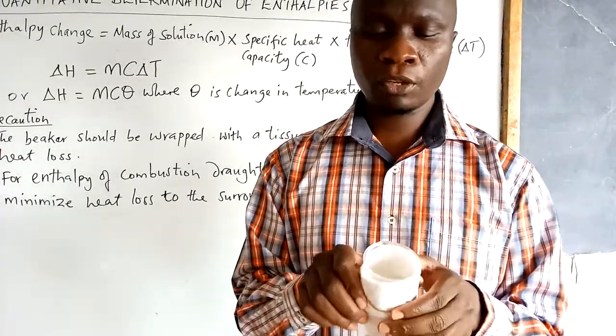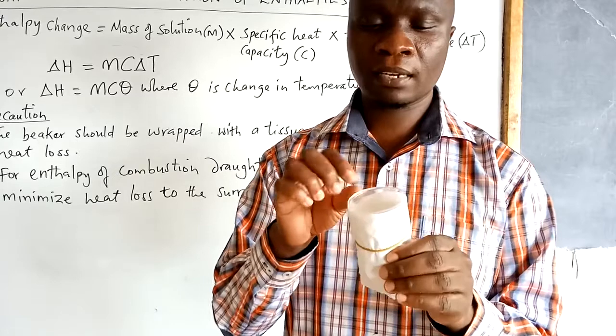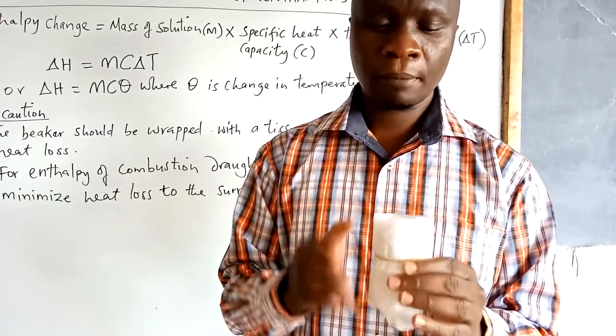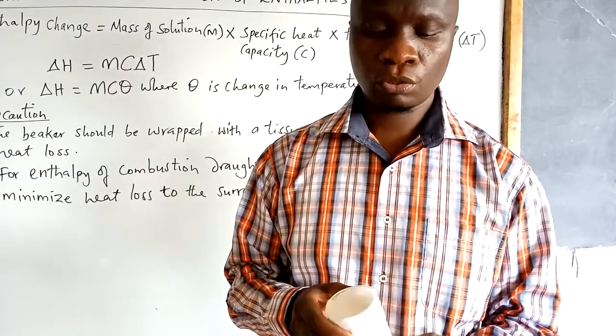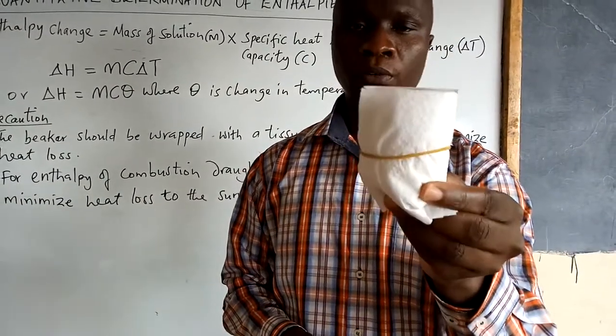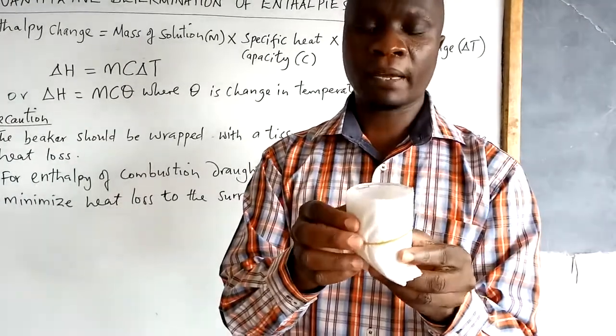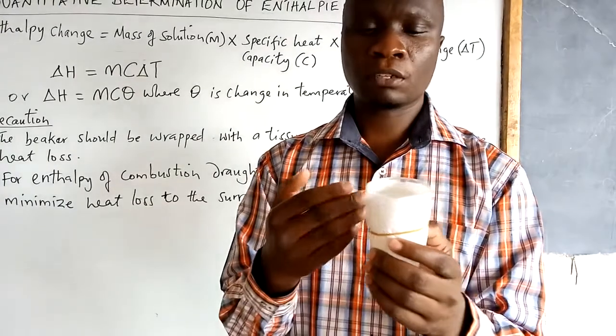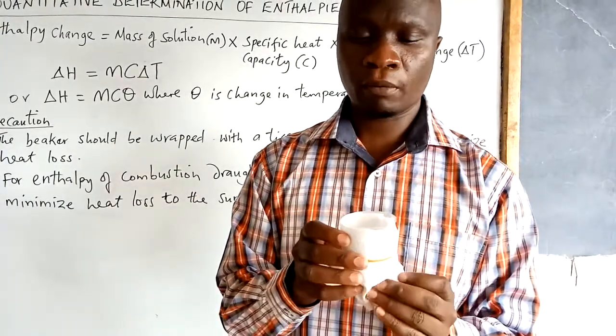We preferably use plastic, because plastic is a poor conductor of heat, much poorer than glass. That's why plastic beakers are preferred. Lagging minimizes heat loss to the environment, because tissue paper is also a poor conductor of heat.